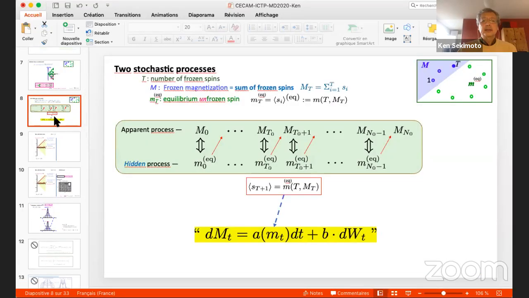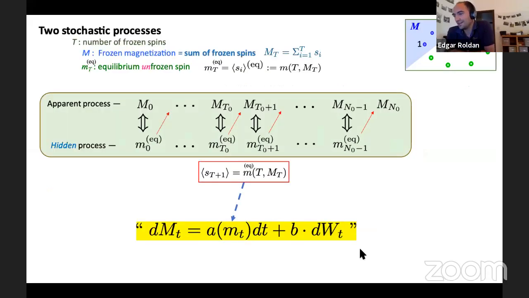Here you say that you have a process that has a drift, and the drift does not depend on big M, it depends on small m. And small m has memory of the past, no? Because small m is equilibrating with what is left in the system.